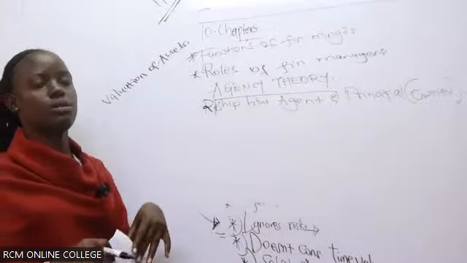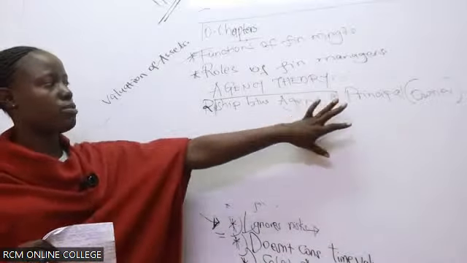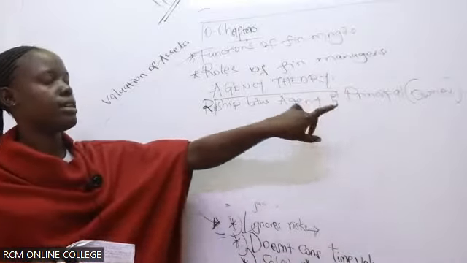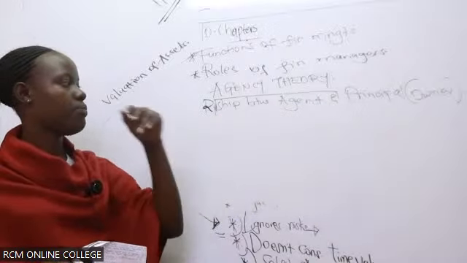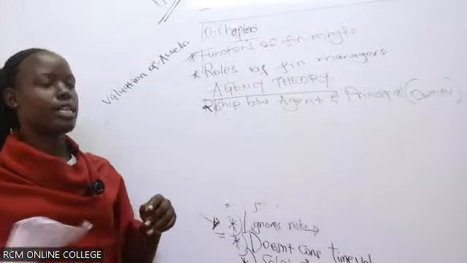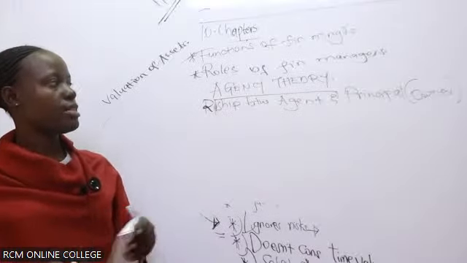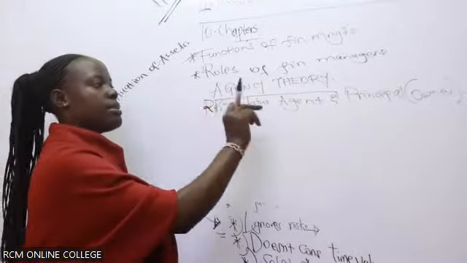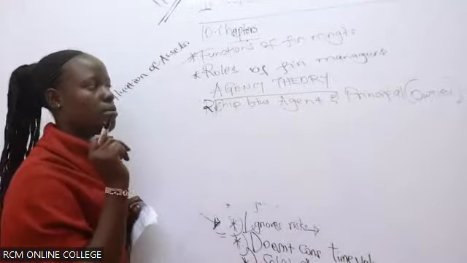Agency theory can also be termed as the principal-agent relationship. There are various relationships that exist under the principal-agent relationship theory.